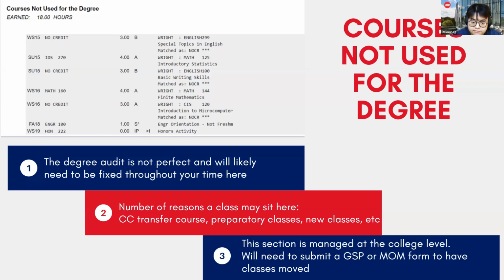It is the college that manages this section as well and will need a general student's petition or modification of major form to be moved. Generally speaking, to move a class, it has to at least follow the rules for free electives. If a credit isn't coming in as a specific course, chances are we cannot use it.